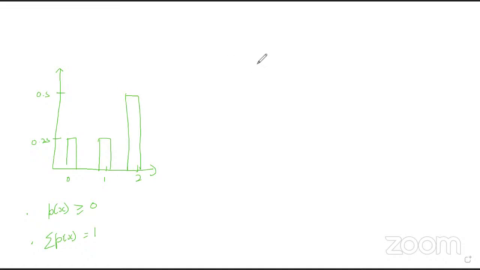Now proceeding to PDF, you might see sometimes that it is possible to have values greater than 1 over this axis. Let's suppose this is, let's say, uniform.